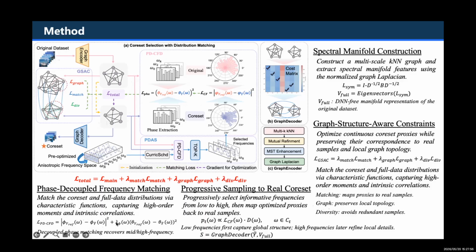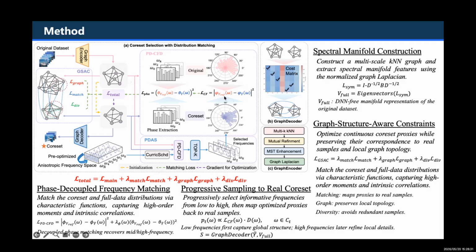There is also a parameter that is correlated with the frequency omega, and it has been separated into different frequency bands. So we use the PDCFD to project the graph in the spectral domain into the frequency domain, and we use these characteristic function losses to constrain the distributional equivalence.